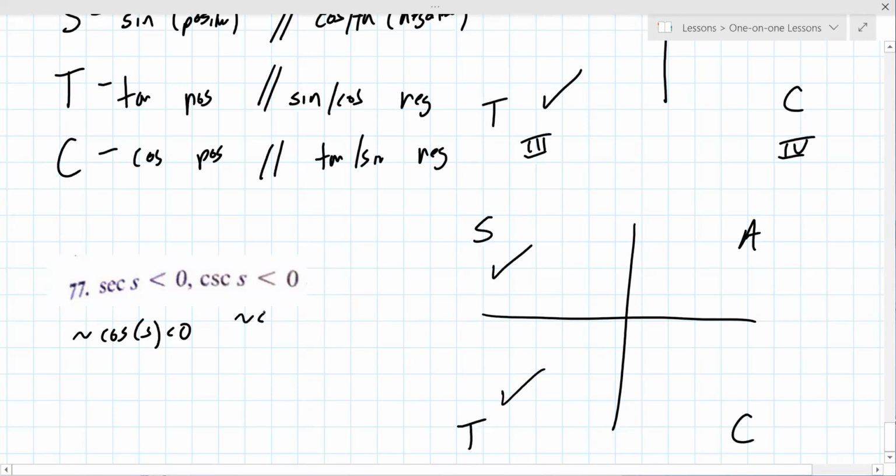Cosecant is like sine. So where is sine negative? If tangent is positive, sine is negative. If cosine is positive, then tangent is negative. You're always looking for the one with the double check mark. That's Q3 in this case.